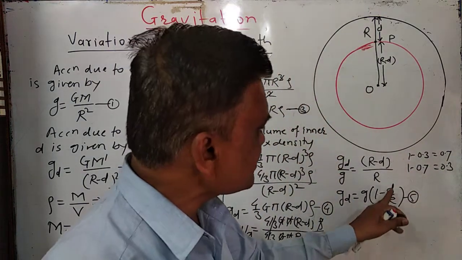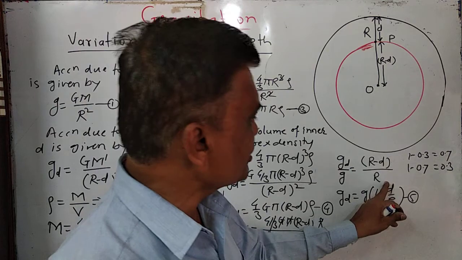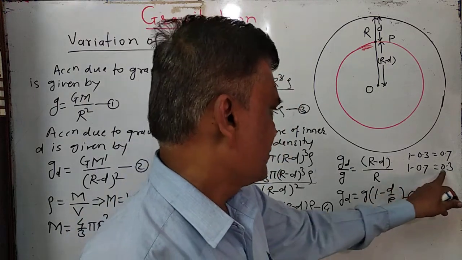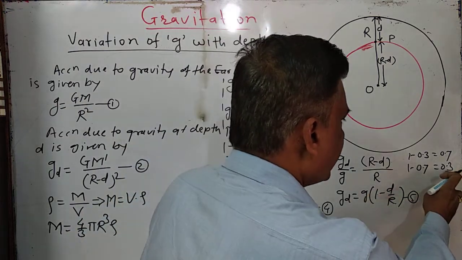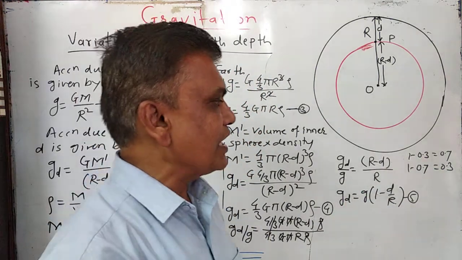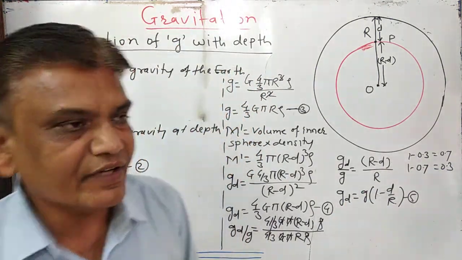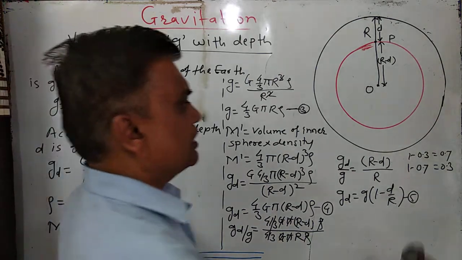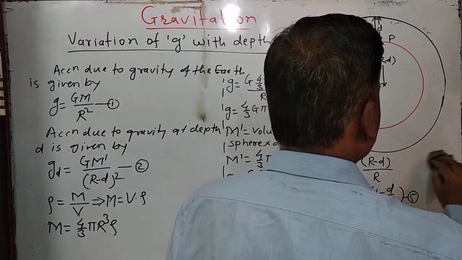It means that as d by R increases, the value of the bracket decreases, and therefore gd will decrease. In this way, as we go below the Earth's surface, the acceleration due to gravity decreases.